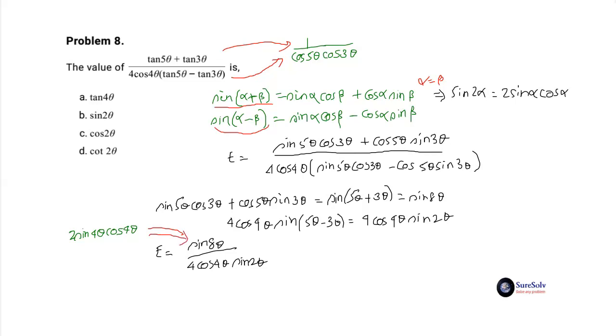The target expression gets simplified further to 2 sin 4 theta cos 4 theta divided by 4 cos 4 theta sin 2 theta, equal to 4 sin 2 theta cos 2 theta divided by 4 sin 2 theta, again expanding sin 4 theta equal to 2 sin 2 theta cos 2 theta.